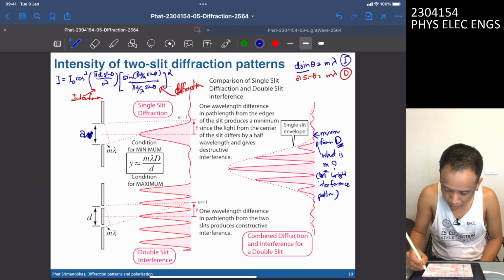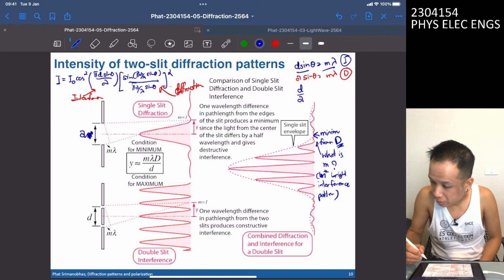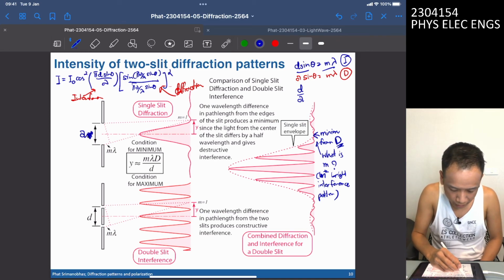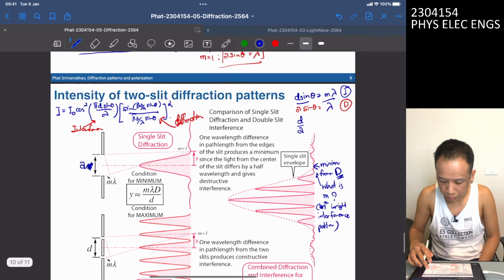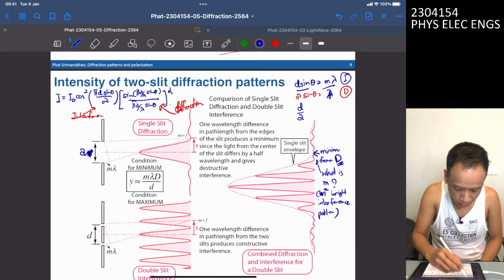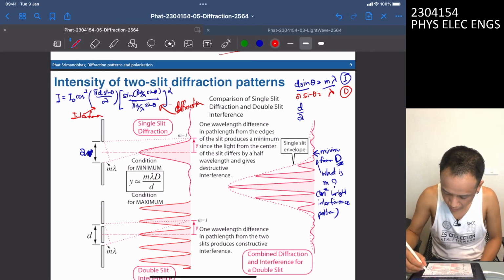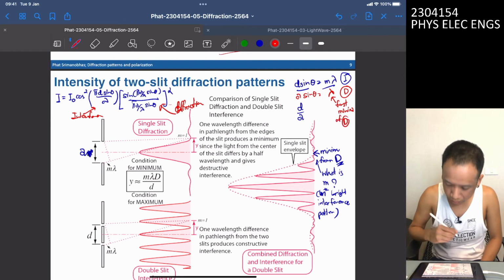So you can just divide it. So you get d over a. Did I get something wrong? Sorry, a sin theta equal to lambda, because it's the first place. Sorry, it's the first diffraction, right? This is the first minima of diffraction.